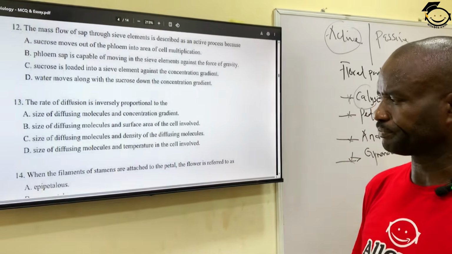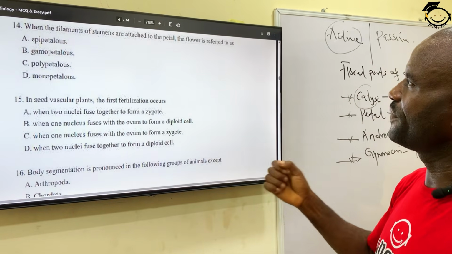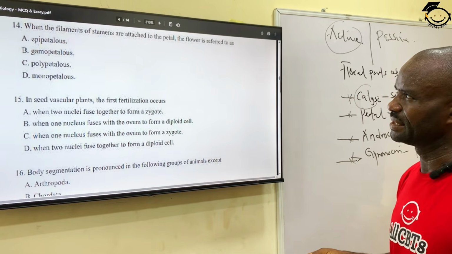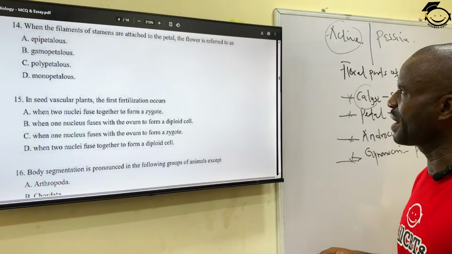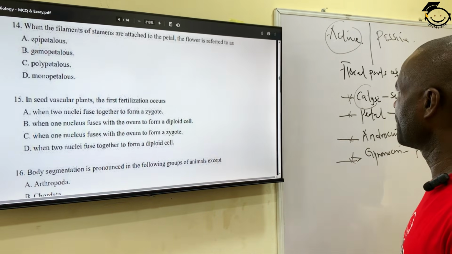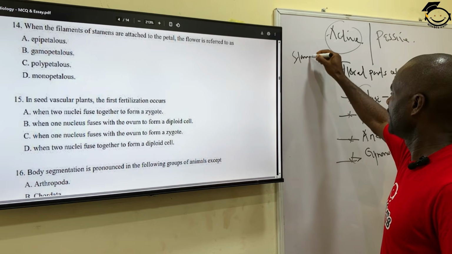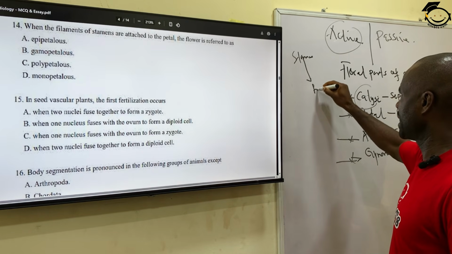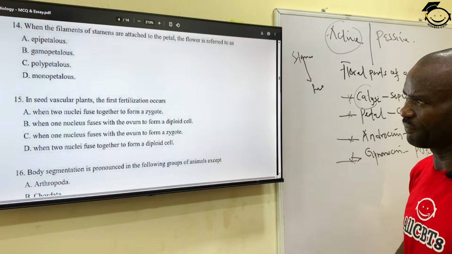Question 14. Question 14 says, when the filaments of a stamen are attached to the petals, the flower is referred to as the... The stamen and the filament go together, which form the male reproductive organ of a flower.